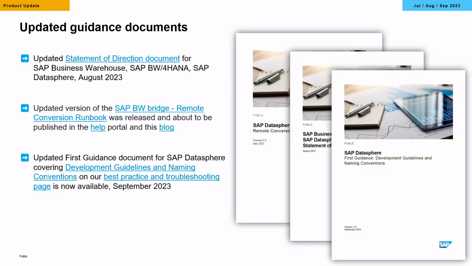And in September, we also updated our first guidance document with development guidelines and naming conventions, which you find, like most other topics, on our best practice and troubleshooting page.